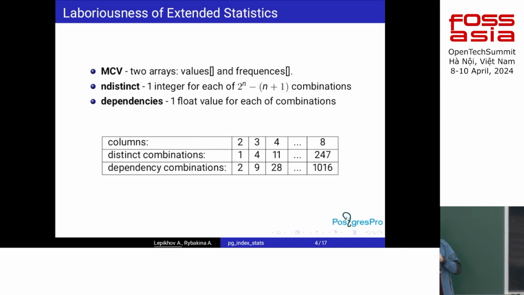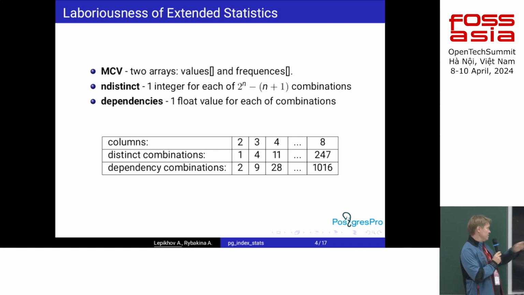If we try to understand how difficult it is to calculate extended statistics, let me show you. MCV, most common values, is just two arrays, values and their frequencies in the table. So when you increase the number of columns, you just increase the size of the value. It's maybe not so difficult. The distinct number is just one number, so it's not so much, but it's calculated on each combination, and that's a lot of combinations. For example, for 8 columns, we have around 250 different combinations.